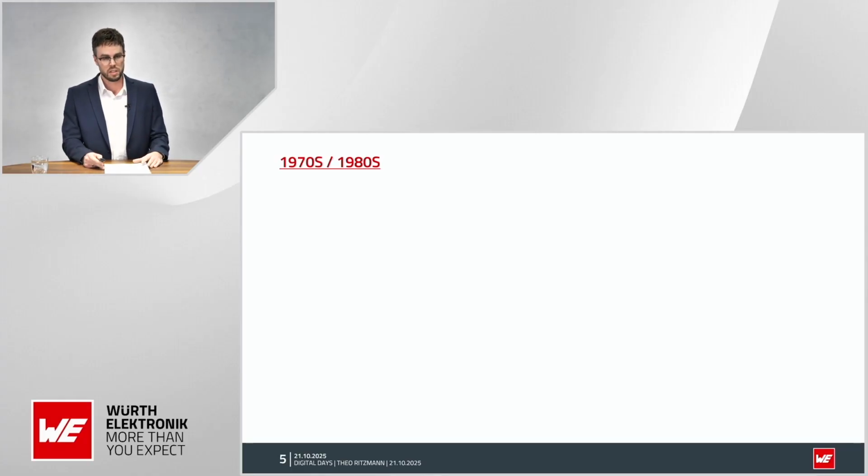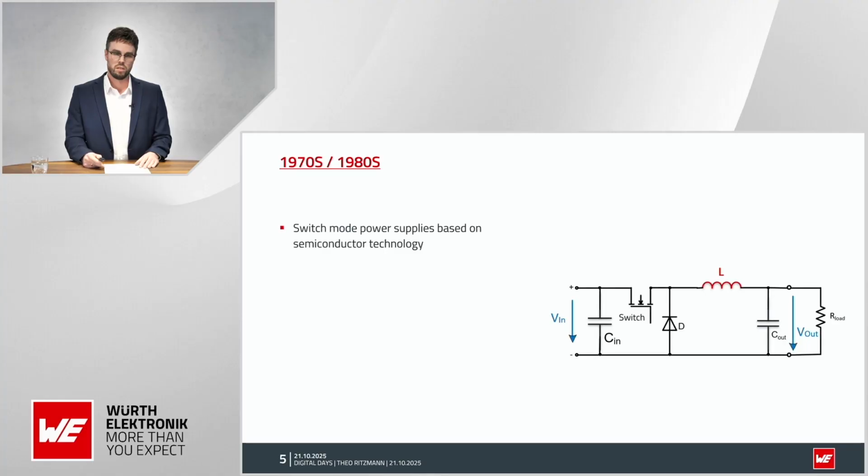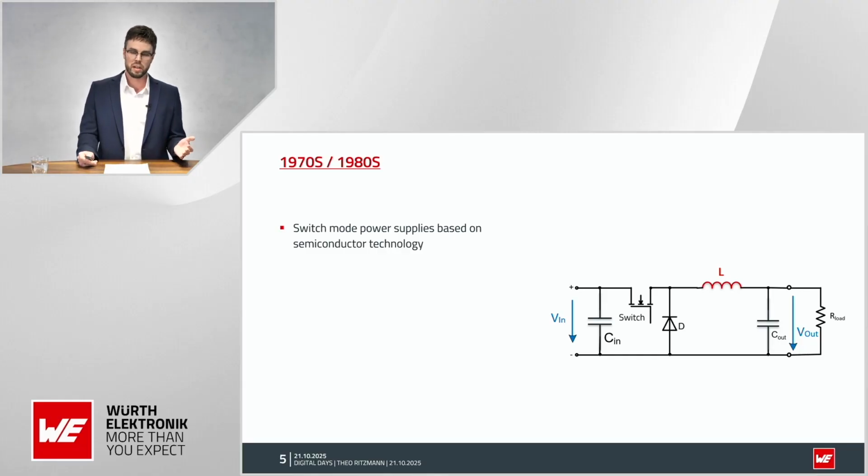But let's continue with the 70s and 80s. Back in this time, switch mode power supplies became more and more popular based on MOSFET switching technology. And why did they become popular?